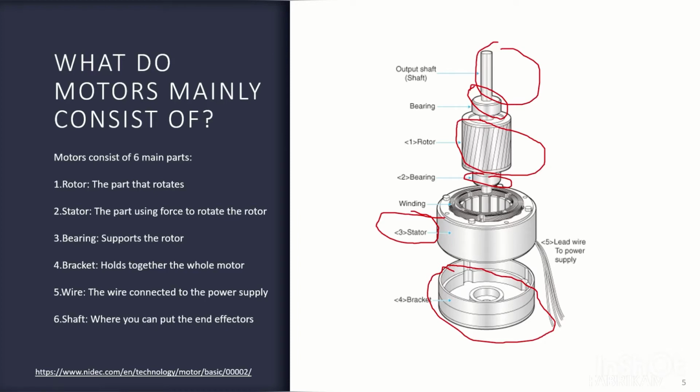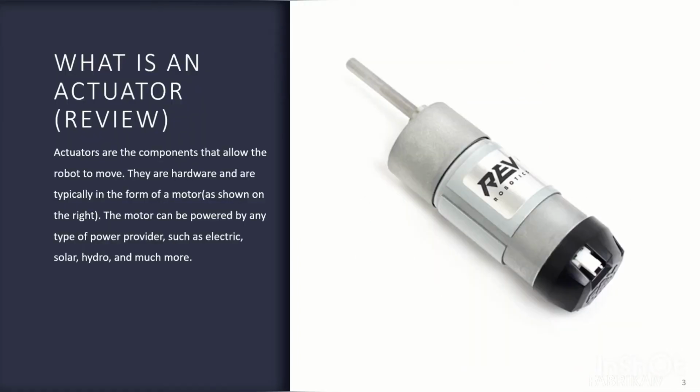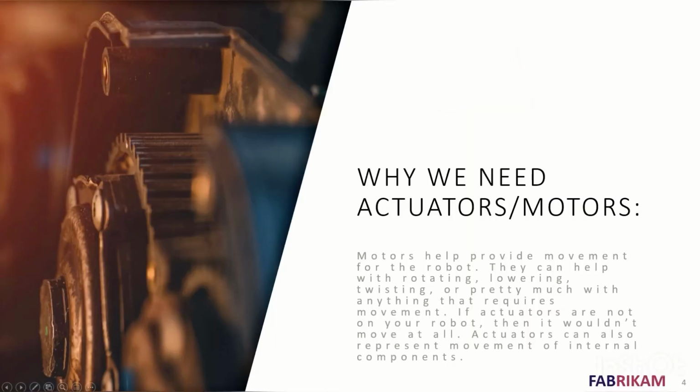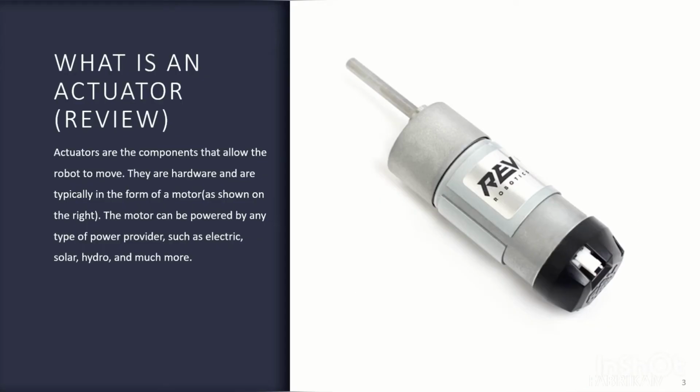We can also see this on the previous slide, 2 slides ago, where we can already see our shaft in the top corner. You can also see where the wires lead to. Oh, and I forgot to talk about the last one, the wire, which connects to the power supply. It's important to consider the wire too, otherwise the motor wouldn't even work.